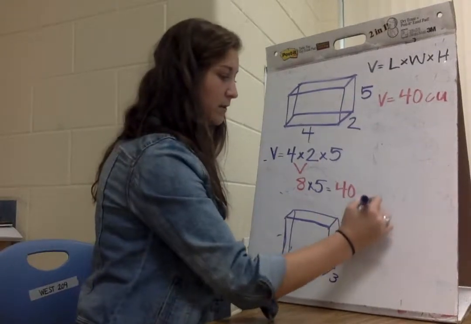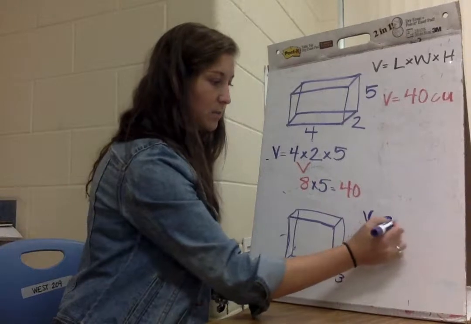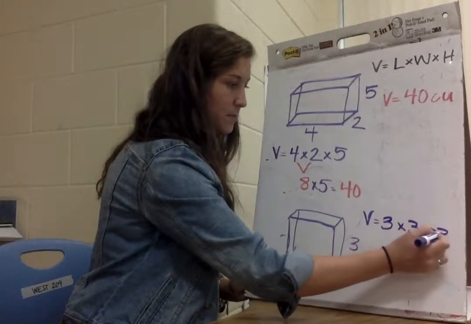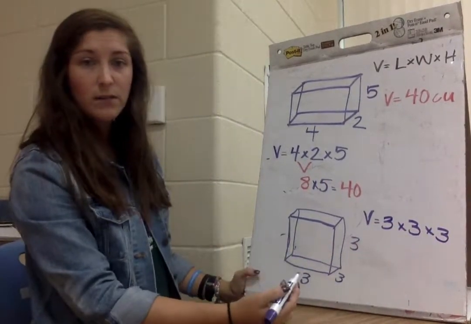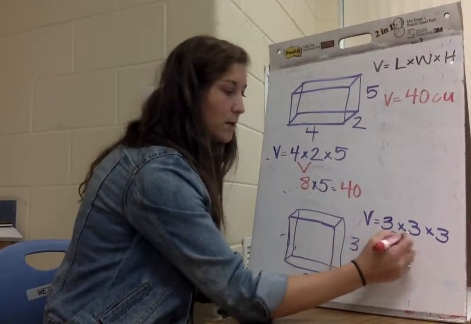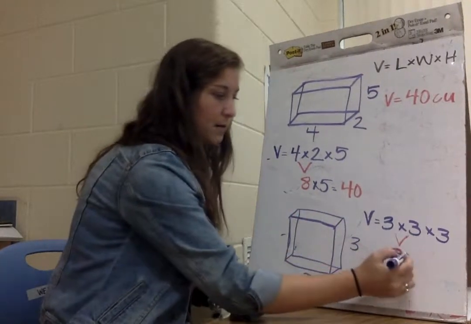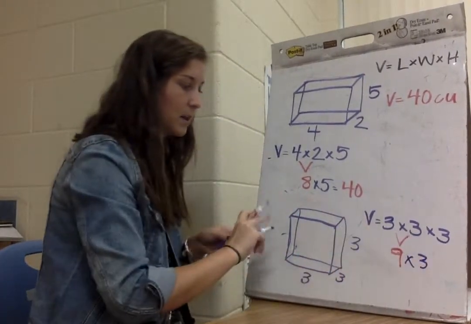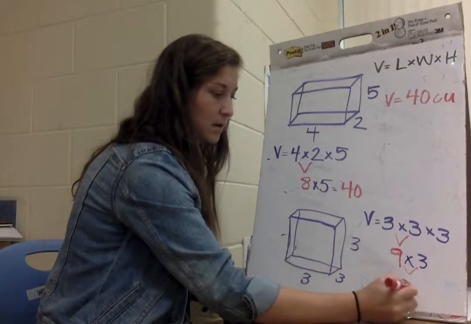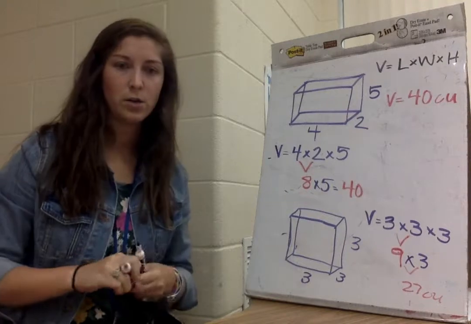So if I'm looking to find the volume of this figure here, then it's just going to be 3 times 3 times 3. So if I'm looking at this, again, another order of operations problem, 3 times 3 is 9, and then I have to rewrite 9 times 3, and that gives me 27. Again, I'm going to label it CU for cubic units.